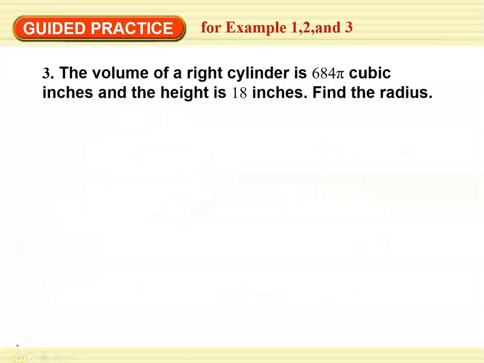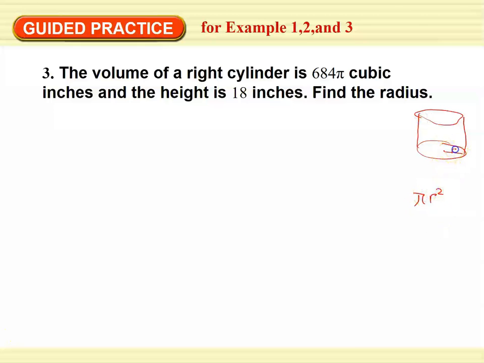All right, the volume of a right cylinder is 684 pi cubic inches. The height is 18 inches. Find the radius. So again, we set it up. If I were to find the volume of a cylinder, a cylinder has a circular base, so I need to find the area of a circle, which is pi times the radius squared.